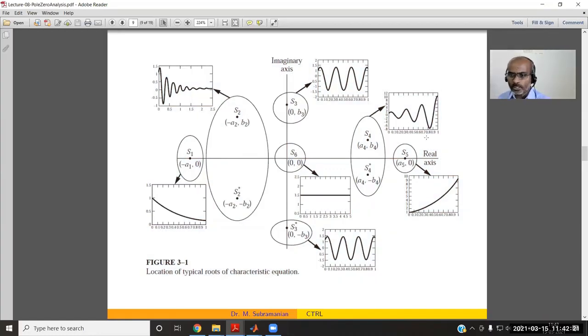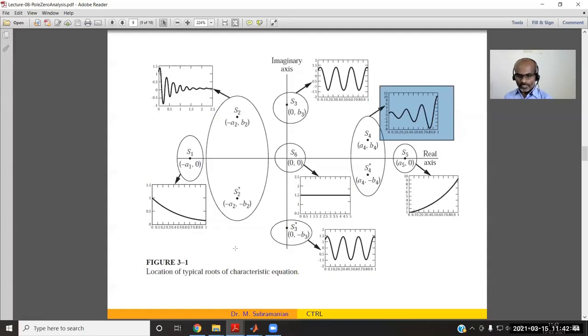With a positive real number, we won't have any oscillations. Whereas with a complex number with a positive real part, we'll get this kind of response, a response with growing oscillations.